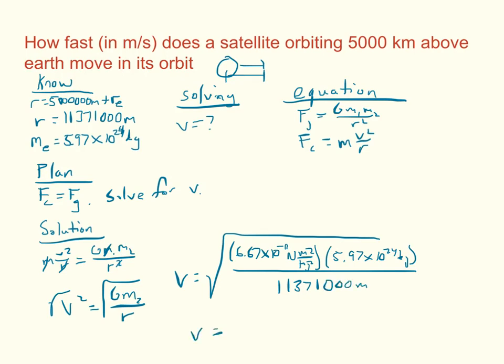So I get a velocity of 5,918 meters per second. And that's how fast that satellite would be moving if the force of gravity was the only thing causing its motion.